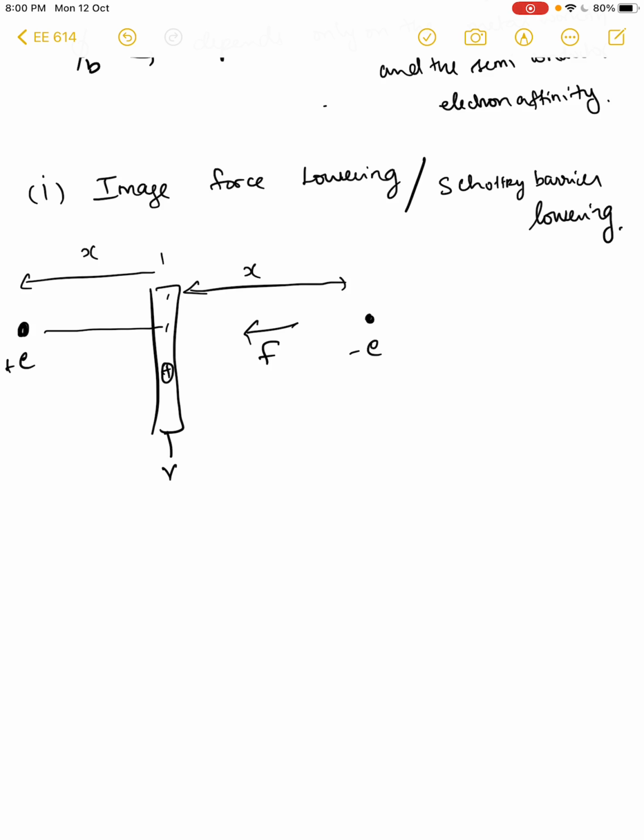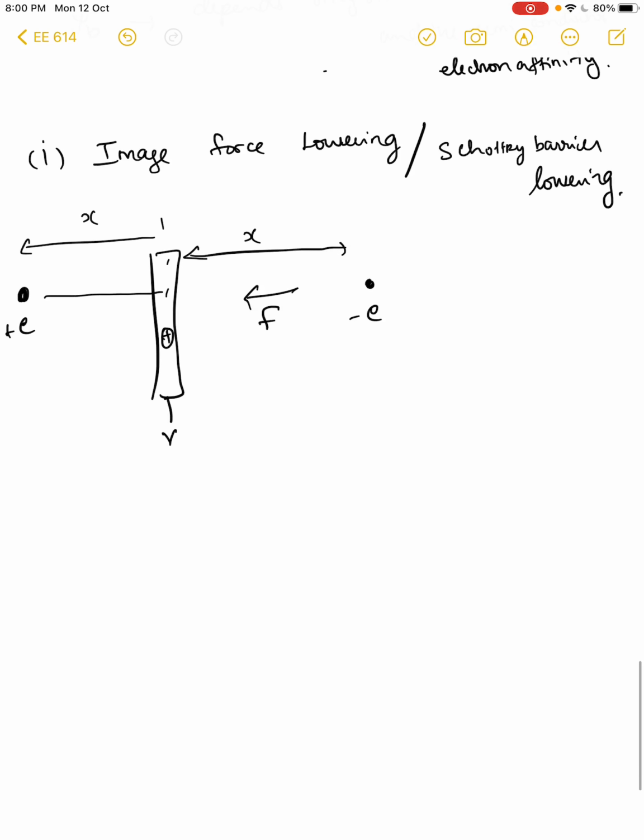So the force acting on this particular charge separated from this metallic sheet is minus q square by 4 pi epsilon (2x) square, right?